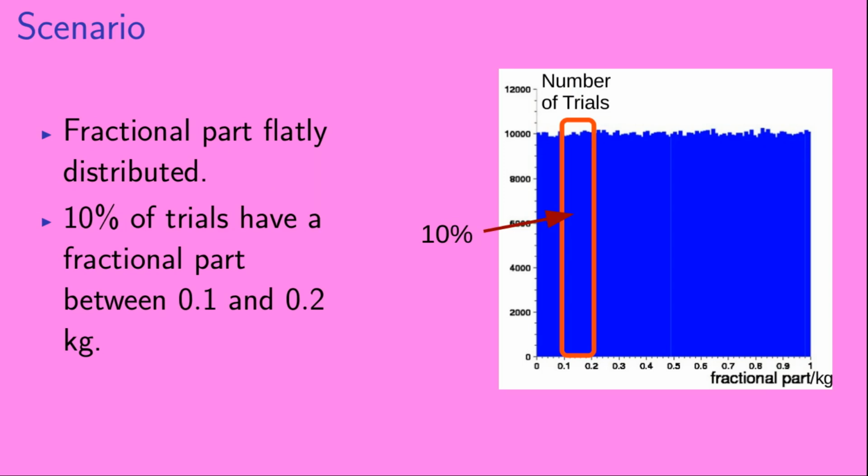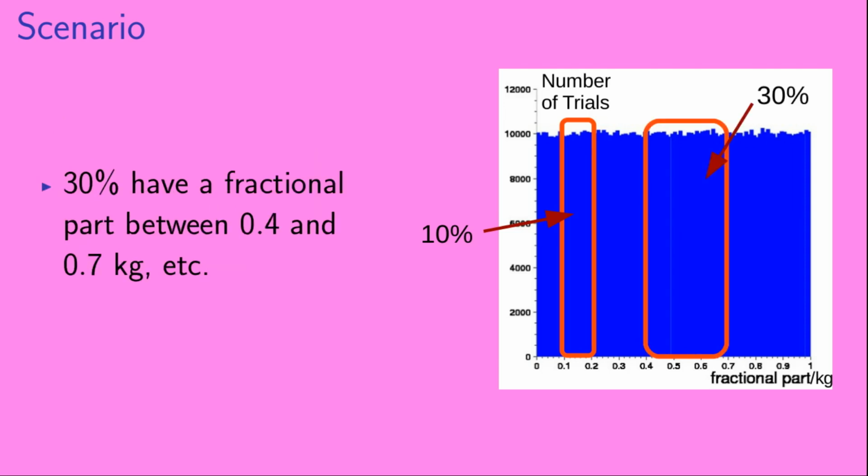If we look at the number of trials that ended up in each of the bins for the fractional part between 0 and 1, we can see that approximately the same number of trials occurred in each bin. This implies, for example, that 10% of trials have a fractional part between 0.1 and 0.2 kilograms, and 30% have a fractional part between 0.4 and 0.7 kilograms, and so on.